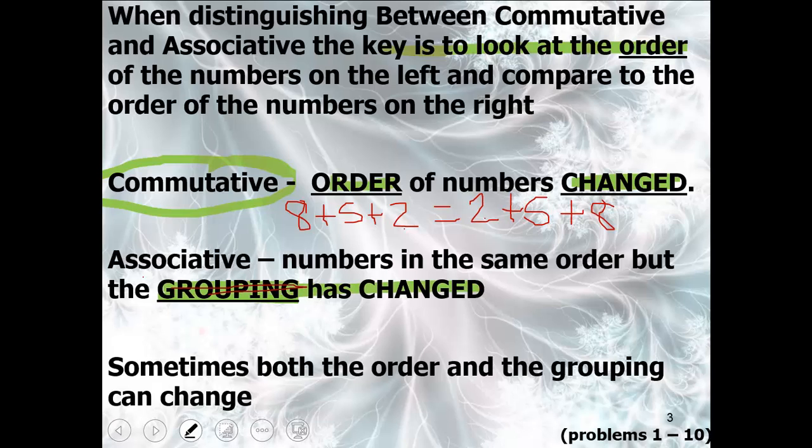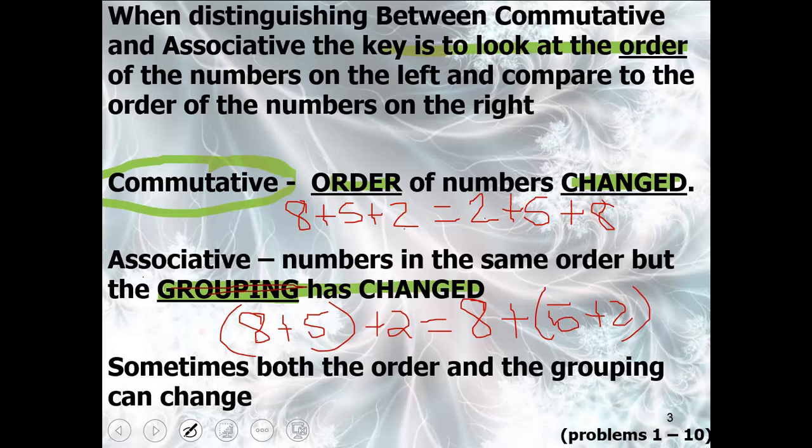So this is going to look something like 8 plus 5, in parentheses, plus 2 is equal to 8 plus, in parentheses, 5 plus 2. Notice that 8 is first on both sides, 5 is second on both sides, and 2 is third on both sides. The order hasn't changed, but look how my parentheses have changed. That means that I've used the associative property.